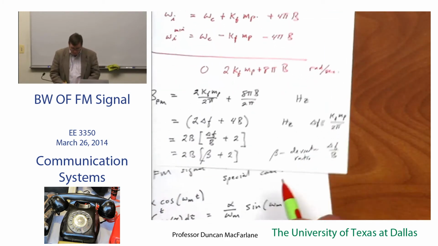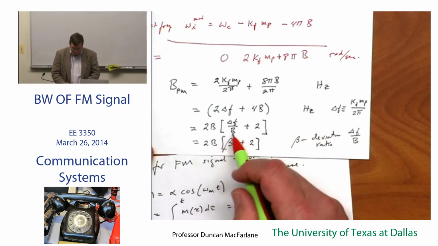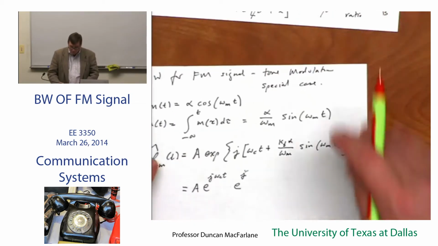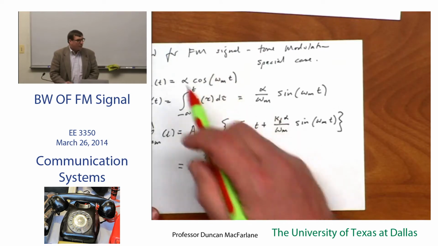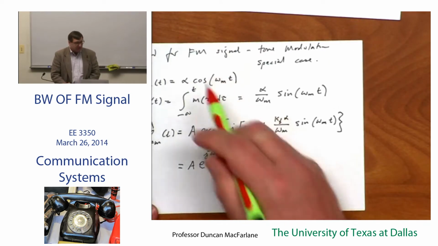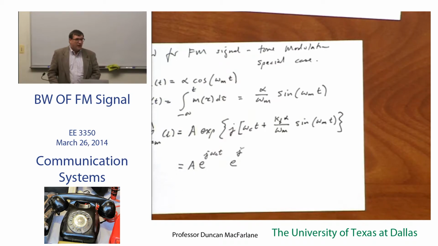I've got a 2 pi in there, and that's 2 pi times capital B. Well, gee, what's capital B for that? Or what's 2 pi times capital B for that signal? Why is it omega m?